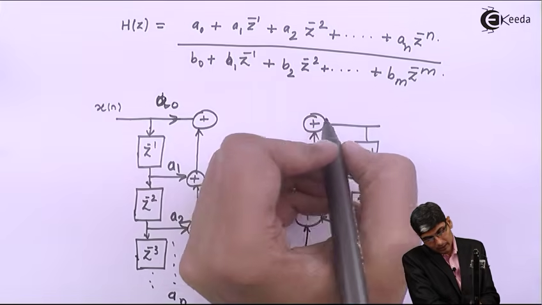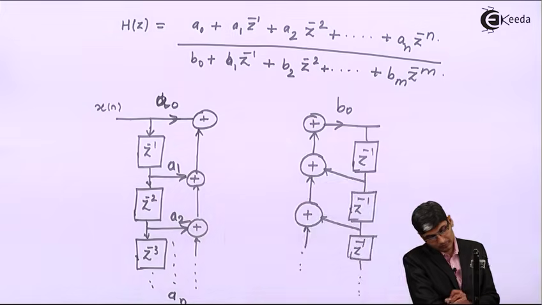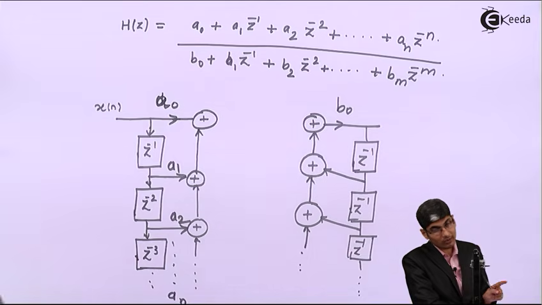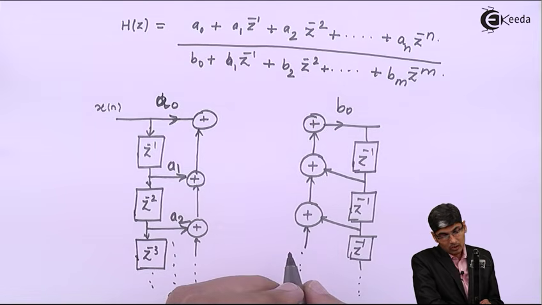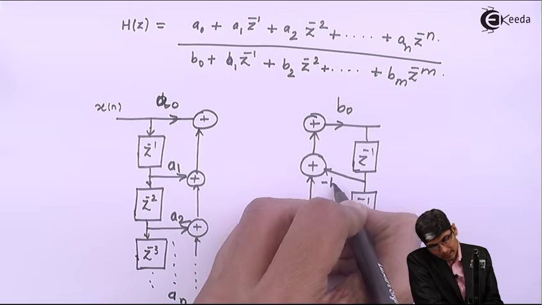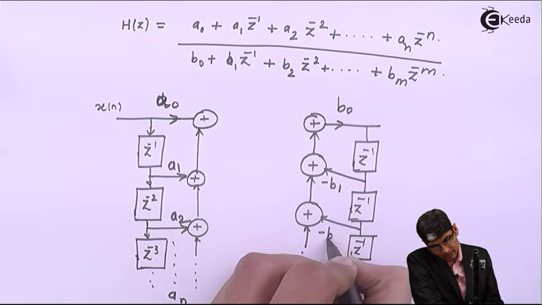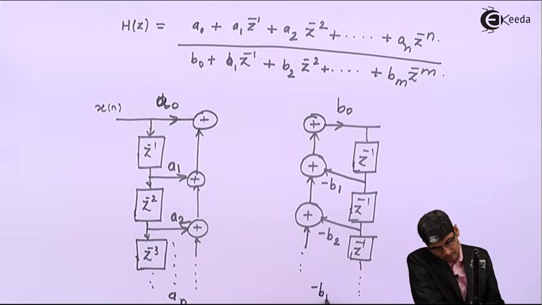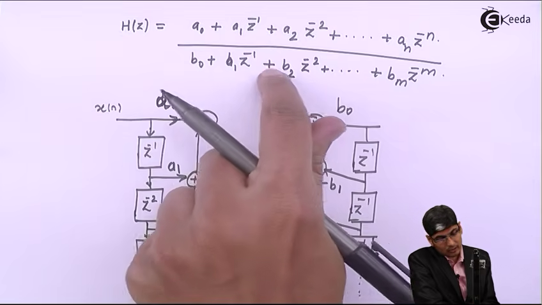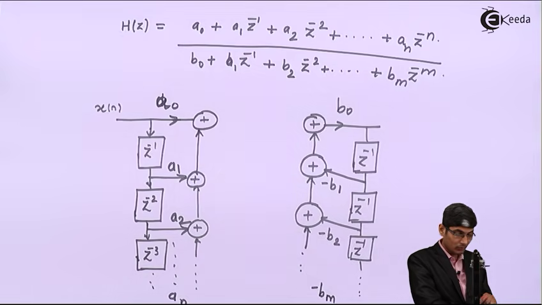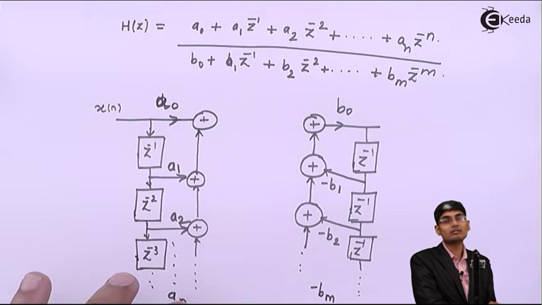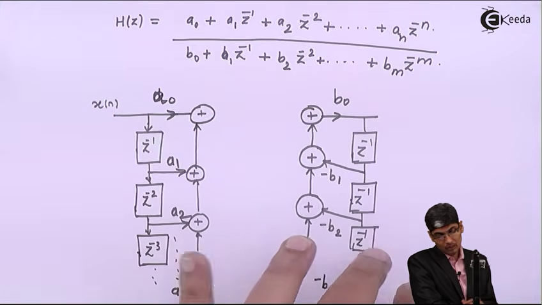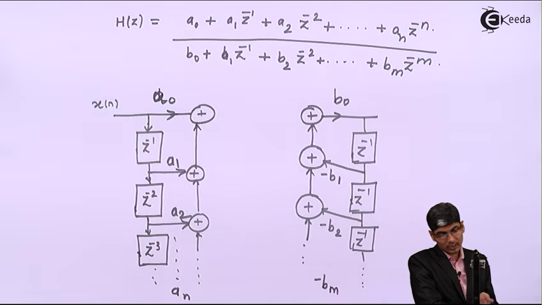In the denominator polynomial, this is my b0 which goes in forward direction, and the rest all come in backward direction. You have minus b1, minus b2 and minus bm. Because I have consistently used plus in the polynomial, I am using consistently minus over here. So you have to change the sign of the denominator polynomial coefficients when you are writing them.